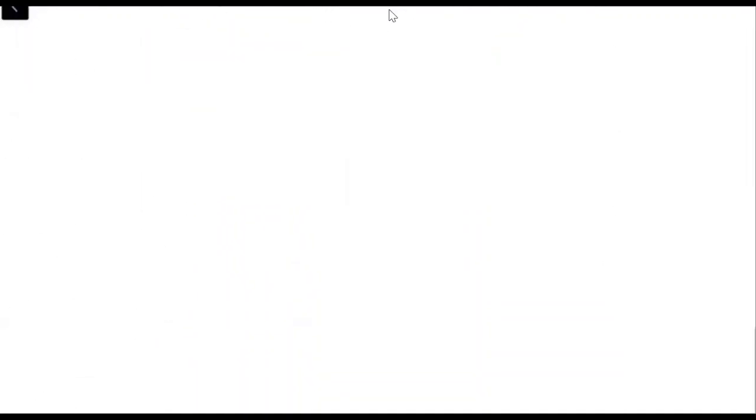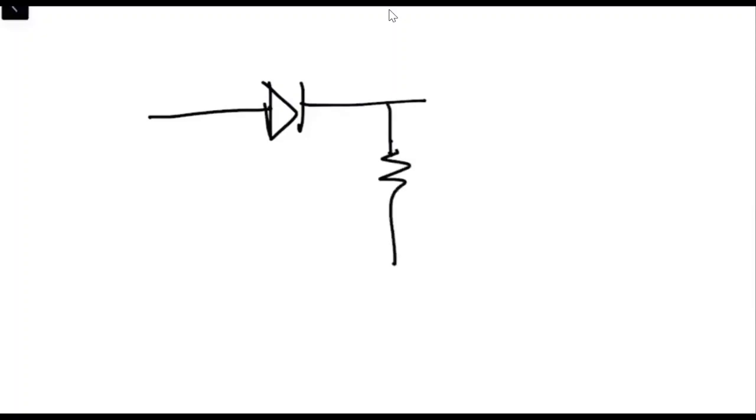So now, what we can see is that if we have a circuit, we have a circuit with a diode and a resistance R. Previously we had a DC source, right?